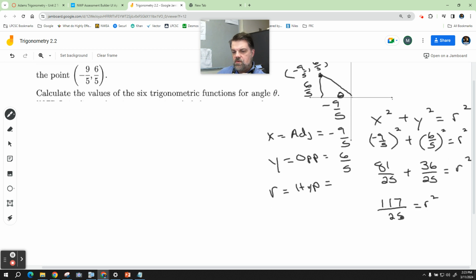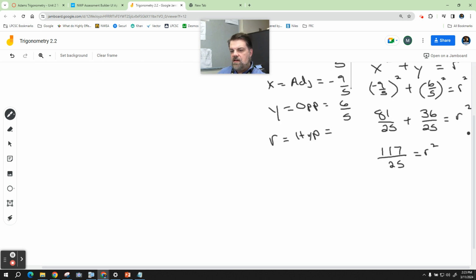That equals r squared. So now to get r by itself, I have to take the square root. But remember, I can take the square root of these two separately. In other words, I can have the square root of 117 all over the square root of 25, which is just 5, equals r.